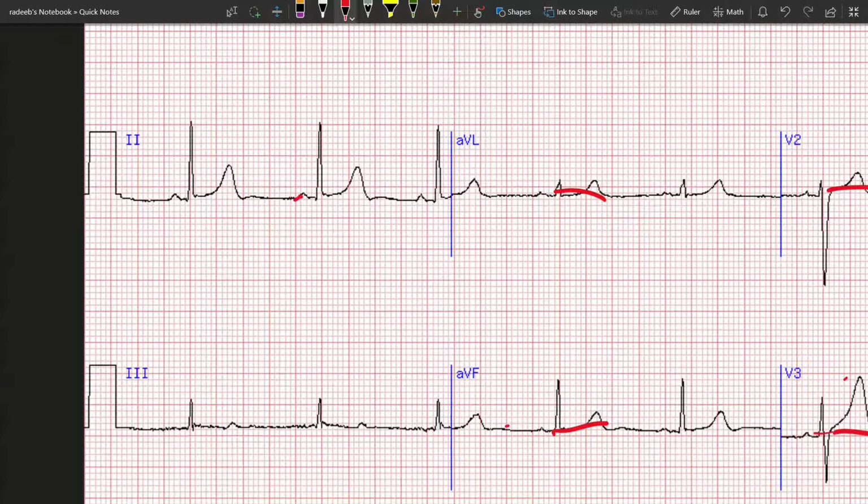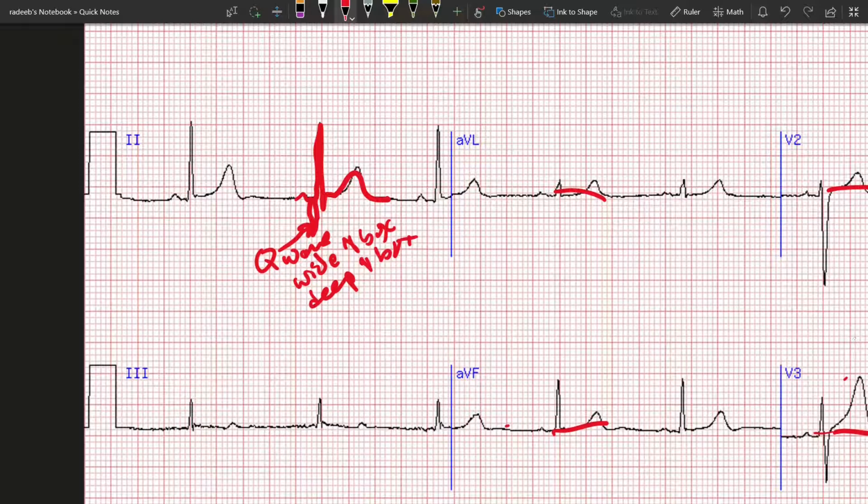So when you have the P here, the Q wave is going to be the first down spike, and then you get the R, and then the S, and then you go into the T. So this down spike is going to be your Q wave. And a significant Q wave is going to be greater than one small box wide and one small box deep. Okay, so that's for a significant Q wave.